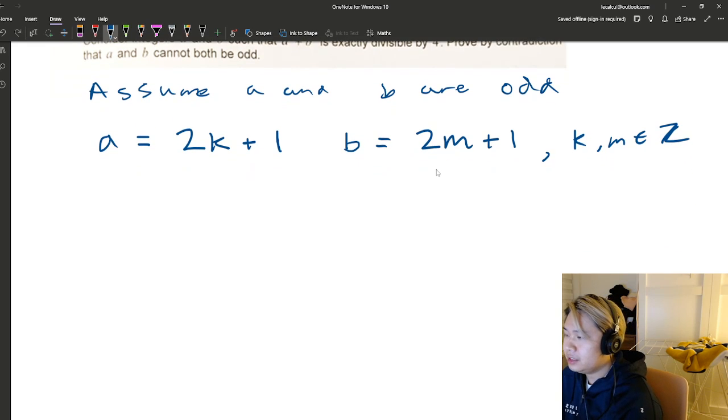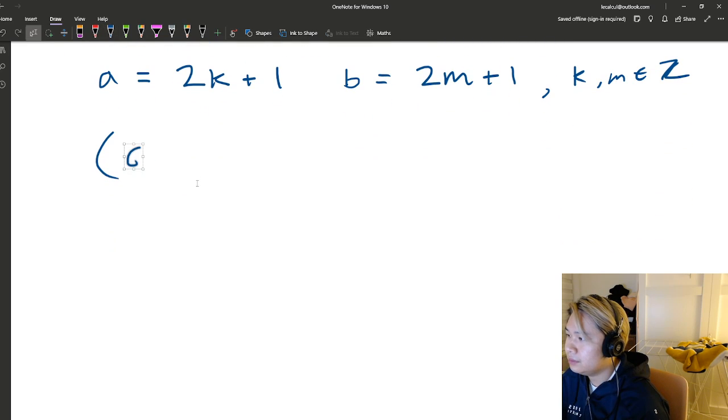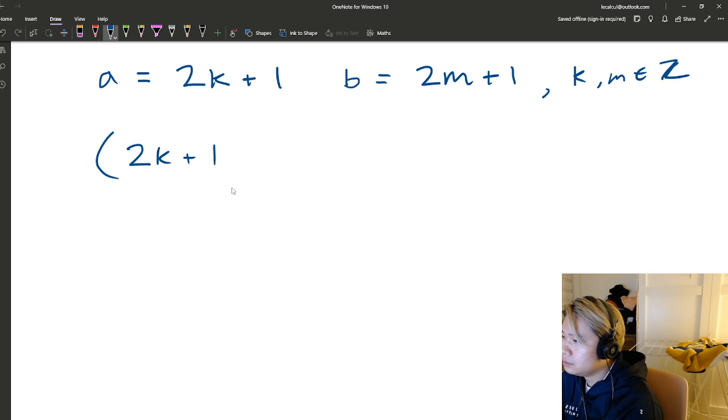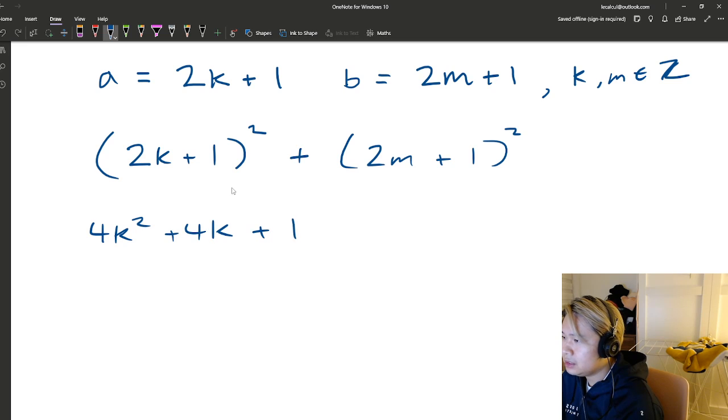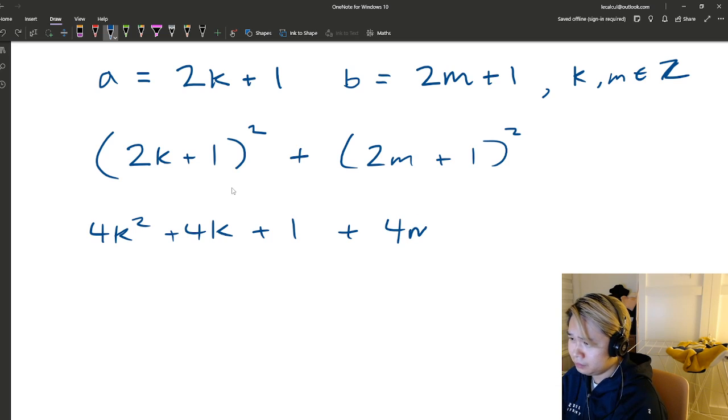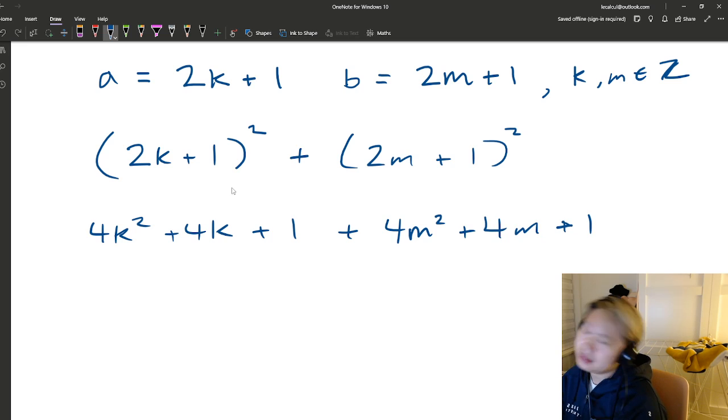Okay. And then what we're going to do is we are just going to square these, right? Yeah, we're going to square them. So you'll get 4k squared plus 4k plus 1 plus 4m squared plus 4m plus 1.